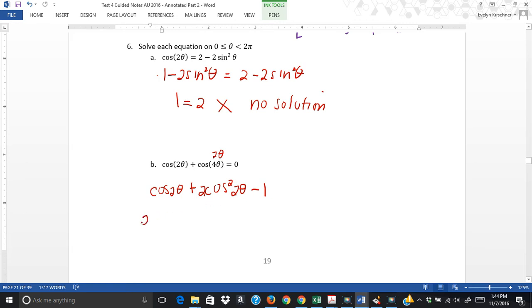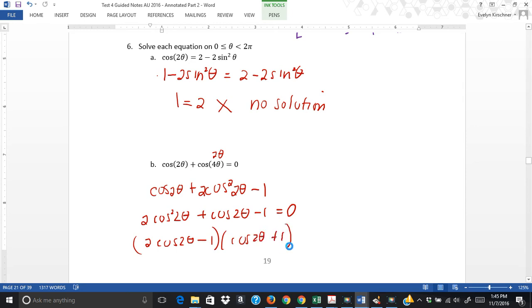So now I have 2 cosine squared 2 theta plus cosine 2 theta minus 1 equals 0, and I can factor that as 2 cosine 2 theta minus 1 times cosine 2 theta plus 1. And that means that cosine 2 theta is 1/2, or cosine 2 theta is -1.